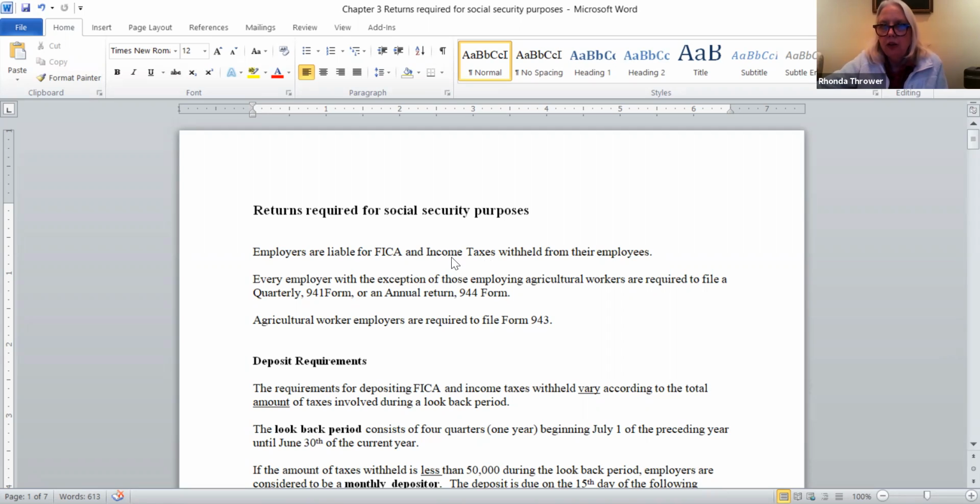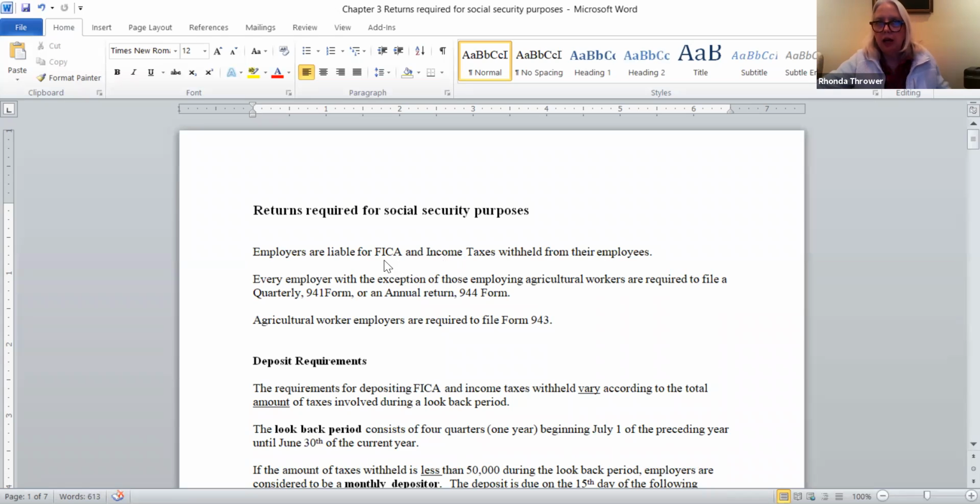So in this chapter, for purposes of completing a 941 form that the employer has to fill out and send to the IRS showing how much taxes are owed to them, the income tax amounts will be given in this particular chapter. Then we're going to talk about how to calculate those in the next chapter.